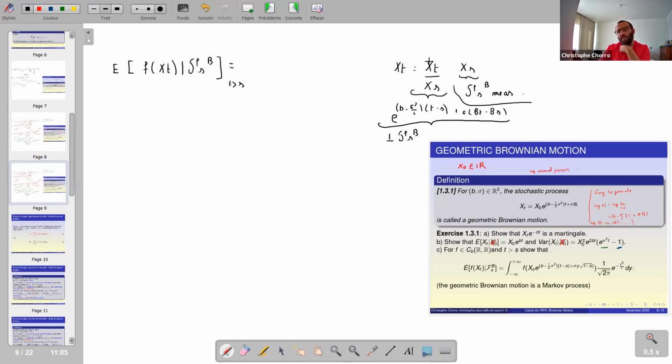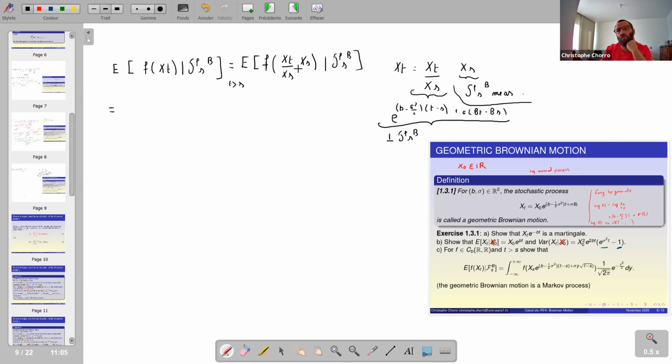So I have a part that is independent, a part that is measurable, and we are going to use the proposition of chapter 0 as usual. Okay, so I write it this way. And you will see that for the computation of prices in the Black-Scholes model, it's a little trick that we are going to use several times.